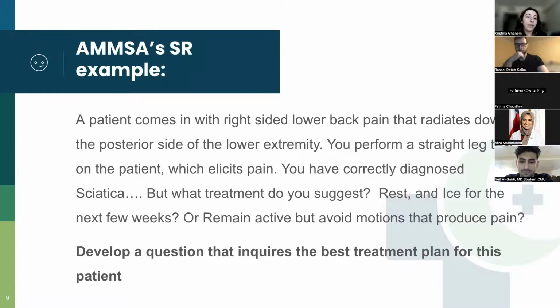However, there can be controversies about the different treatment options for sciatic pain. So are we going to suggest resting and icing for the next few weeks to this patient, or are we going to suggest that they remain active but avoid the motion that produces the pain? So our research question is going to be developed on comparing and contrasting the treatment options for sciatica.